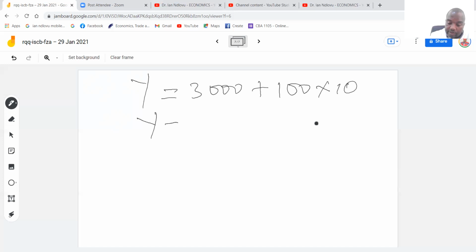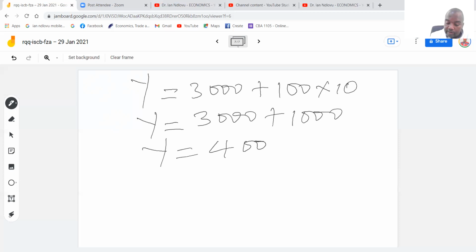Y is equal to 3,000 plus 1,000. Y is equal to 4,000. So that's our equilibrium level of national income. We can say it's $4,000.